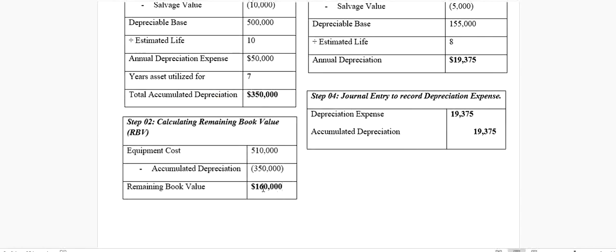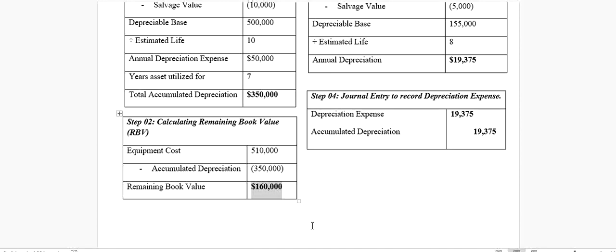So we realized that at the end of the 7th year, when the changes occurred, the remaining book value in our books of account is $160,000. So these new estimations are applicable on $160,000. What is gone is gone. As I said earlier, changes in estimate are not adjusted retrospectively, meaning for prior periods we do not make any adjustments.